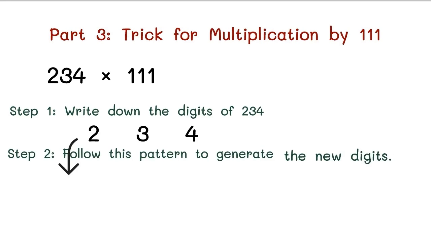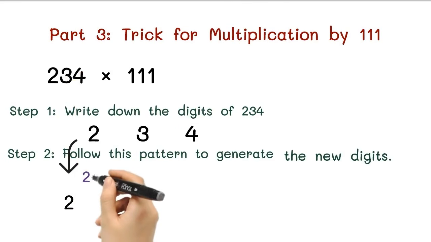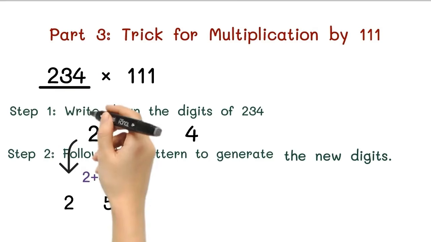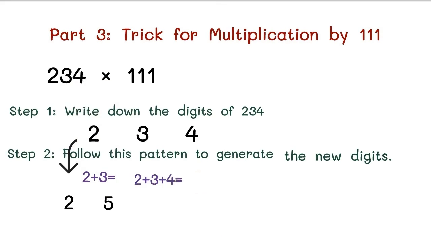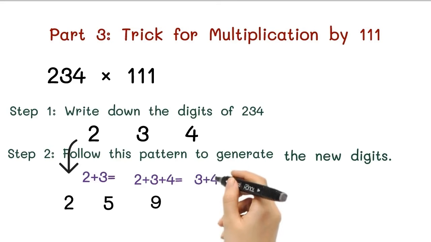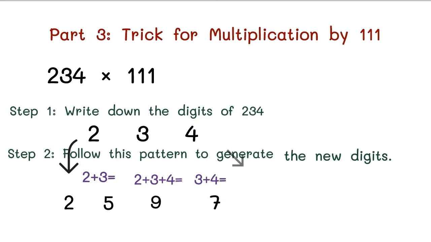First digit stays the same, which is 2. Next we add the first two digits, so we get 2 plus 3 equals 5. Then add the middle three digits, 2 plus 3 plus 4 equals 9. After that add the last two digits, 3 plus 4 equals 7. And the last digit stays the same, 4.